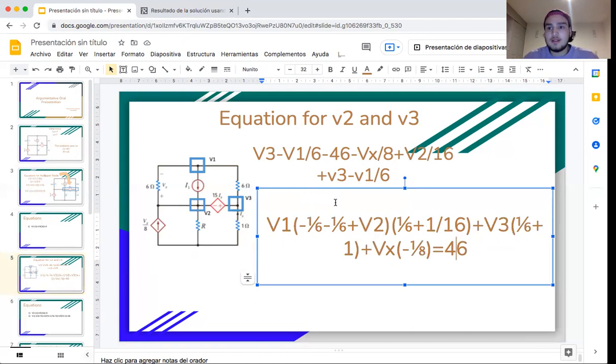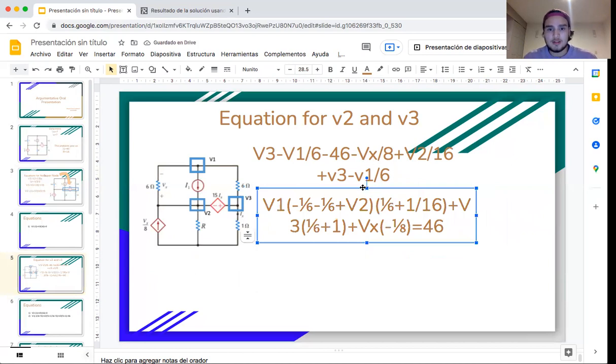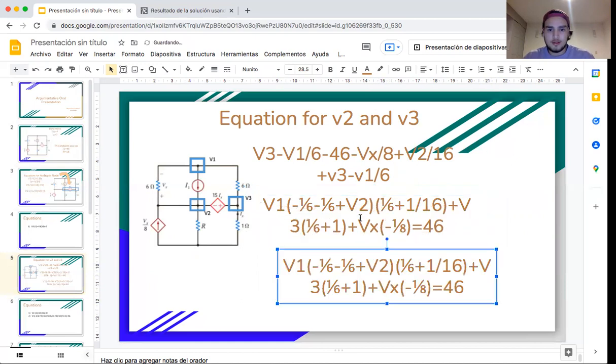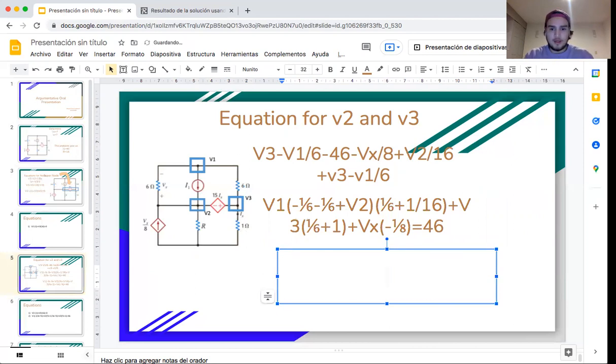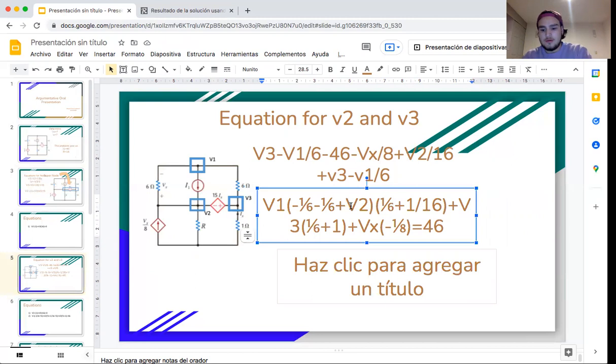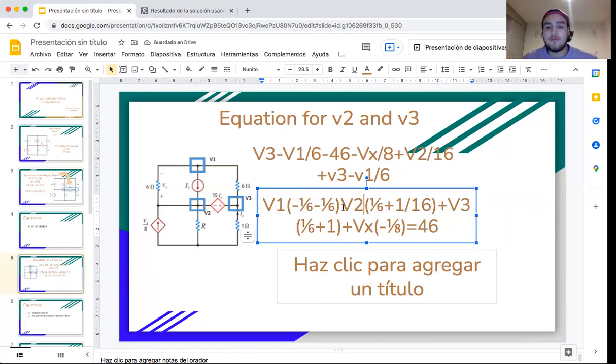So this is still an equation that is difficult to solve, so we are going to simplify it. Now we can see here that we have four unknowns, that is V1, V2, V3, and Vx.